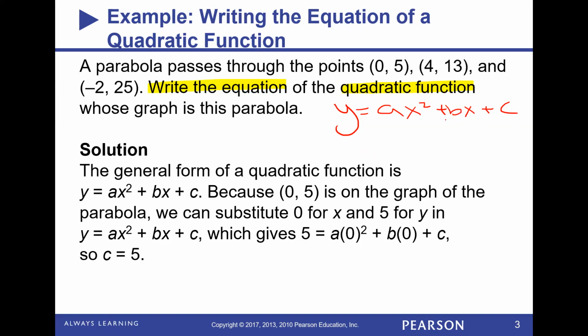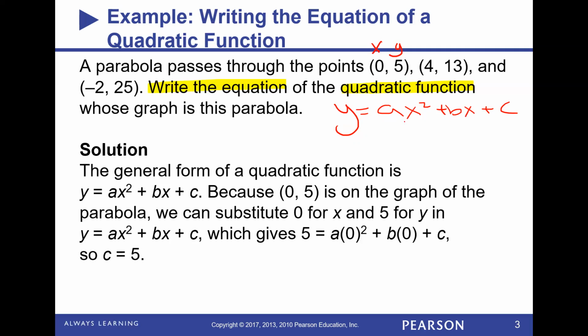I want to plug that point in and solve for anything I can. Now, x equals 0 is always a great point if you have it. If I plug in 0 everywhere I see x, and I plug in 5 for my y value, because again, this is x and this is y, then that tells me that c had to be 5. And we pretty much already know what c is.